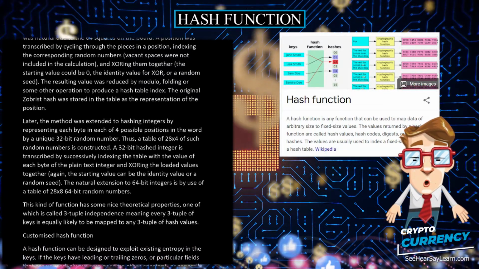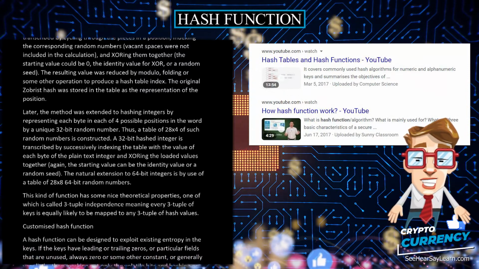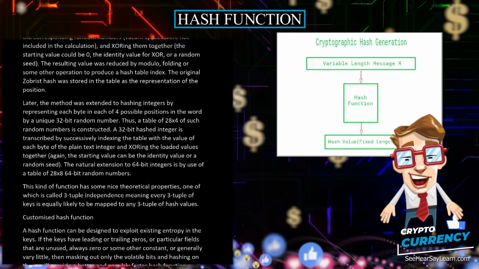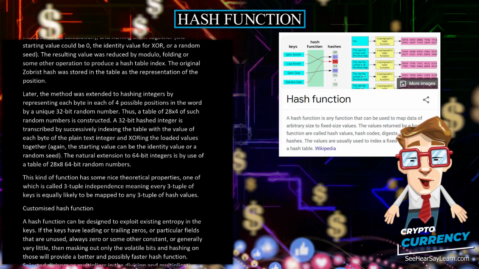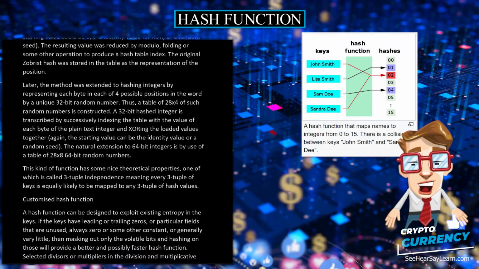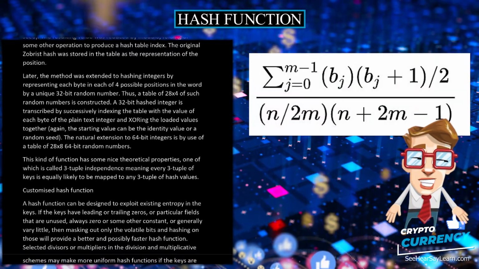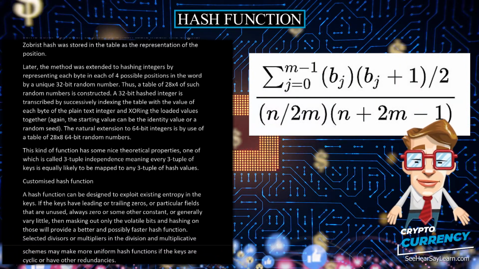Again, the starting value can be the identity value or a random seed. The natural extension to 64-bit integers is by use of a table of 2^8 by 8 64-bit random numbers. This kind of function has some nice theoretical properties, one of which is called 3-tuple independence, meaning every 3-tuple of keys is equally likely to be mapped to any 3-tuple of hash values.